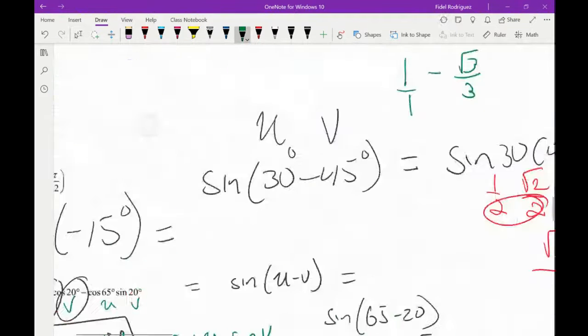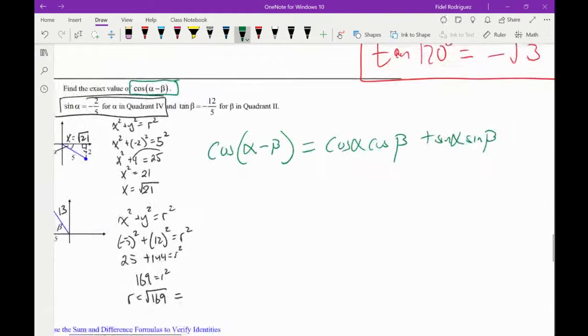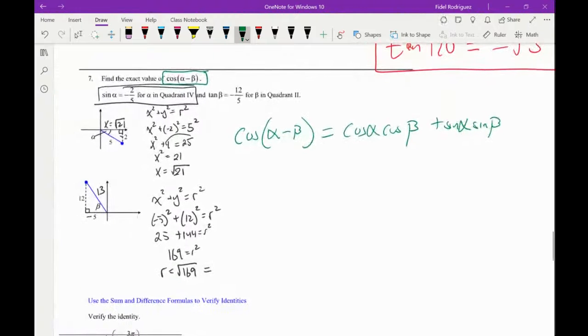Plus. Plus sine of alpha, sine of beta. Okay. You can definitely use it.